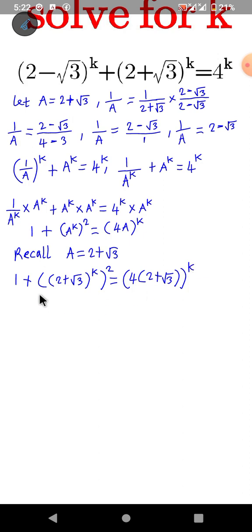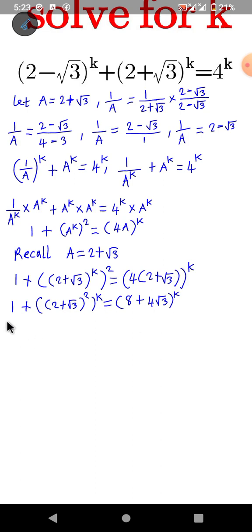Then we continue again. Now I'm going to write this 1 plus, and I'm going to interchange the power here. This 2 will come inside, the k will go outside. So here will now become 2 plus root 3 raised to the power of 2, raised to the power of k, all equal to, now we expand this, so we have bracket 8 plus 4 root 3, close my bracket, all raised to the power of k.